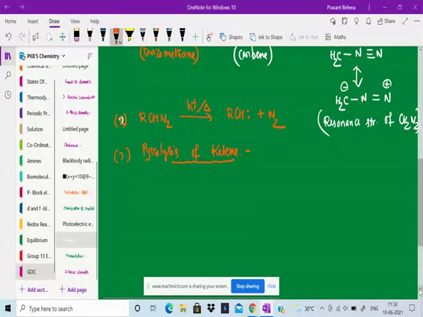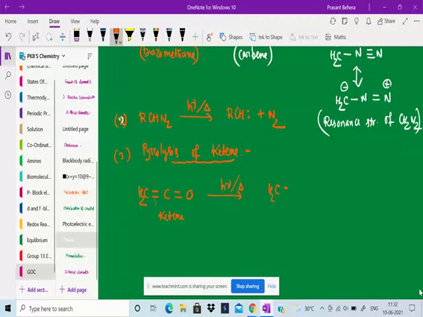This is the structure of ketene, CH2 double bond C double bond O. Under pyrolysis, bond cleavage takes place in this way, and you get CH2 plus CO, carbon monoxide. This is known as methylene carbene. This way carbene is produced.